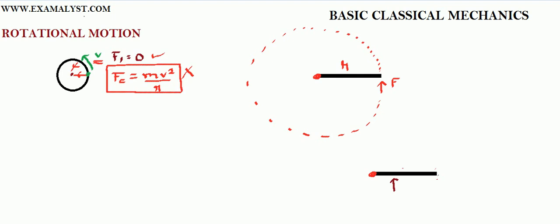No doubt, again the rod will move in a circular motion, tracing out a circle. But can you tell me one thing? If you apply a force at this position, say at a distance r dash from the center, versus applying a force F on the edge of the rod, which one is easier for you to make the rod move?